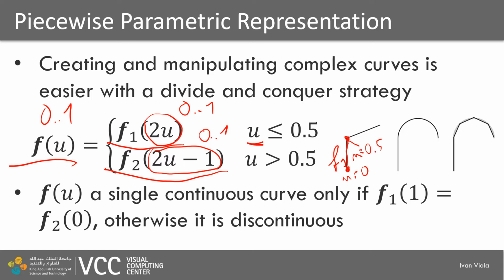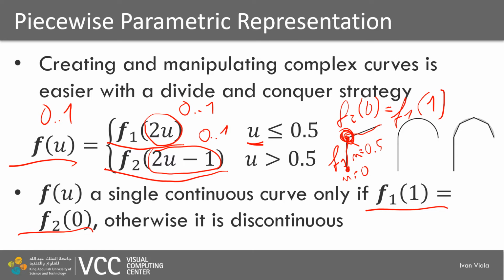And for f2, it will be important that this function starts, so f2 of 0 is equal to f1 of 1.